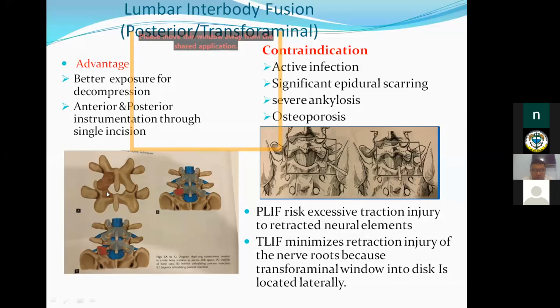Once we remove these bony parts, we can see the exiting nerve root and traversing nerve root, and in between we can see the disc space clearly. We do the annulotomy, remove the disc, prepare the end plate and measure. Once we prepare the end plate, we put a cage. That's how we do the TLIF surgery.